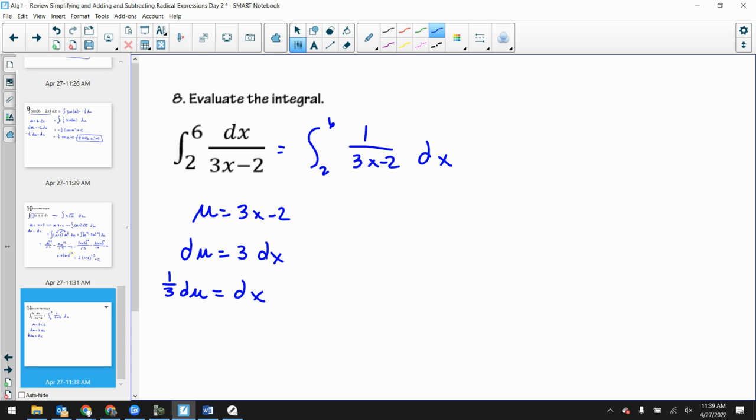So let's take u and plug it in. Now, when I do that, watch what's going to happen here. I'm going to leave off the definite part of the integral. So 1 over u, and then times 1/3 du.